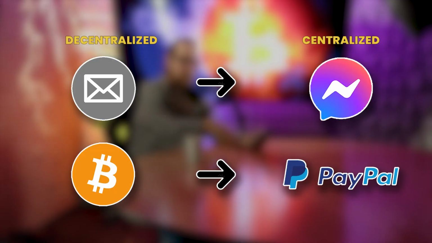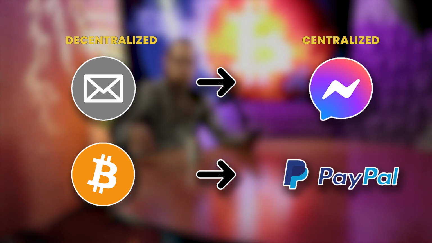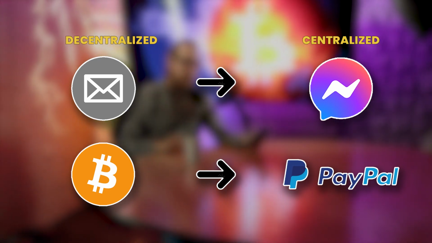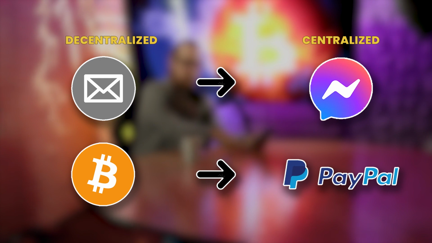That is the difference between a decentralized internet protocol like email and a centralized internet communications platform. So think about it: email is to Facebook Messenger as Bitcoin is to PayPal, right?